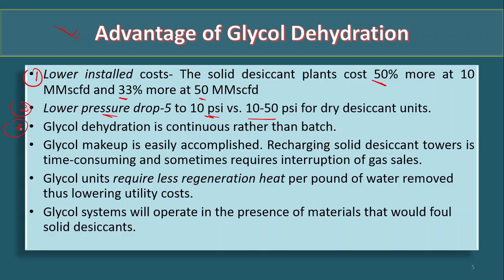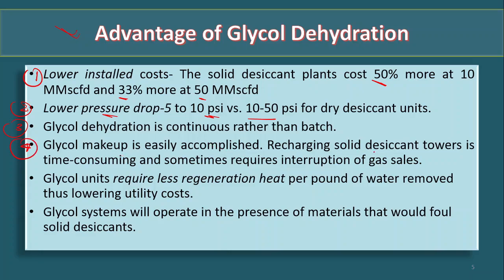The third advantage of glycol dehydration is that it is continuous rather than batch. In the solid desiccant, which is a batch process, we have to remove and unsaturate one bed while continuing with the other bed. But glycol dehydration is a continuous process in a single column. And then glycol makeup is easily accomplished.